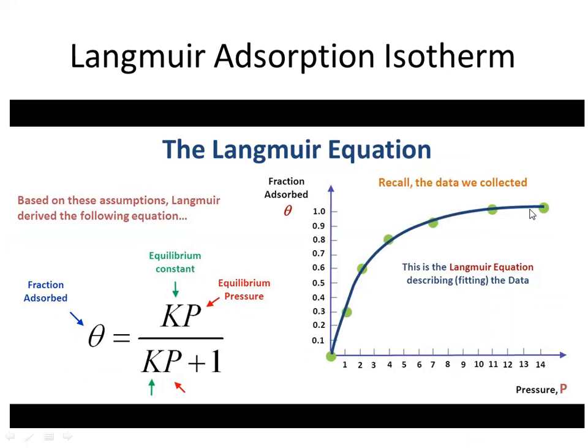Then it bends, and then it remains constant. Further, if you increase the pressure, this is not going to change, because the fraction will always be a maximum of 1. After 1, if you increase the pressure, it is not going to disturb the fraction adsorbed, because all surfaces are now occupied.